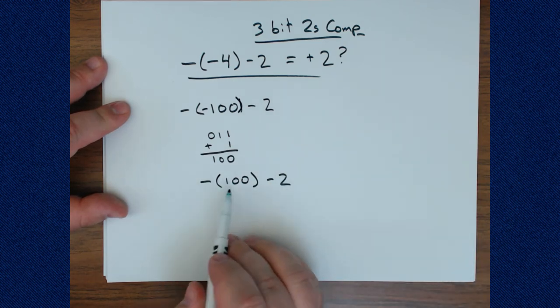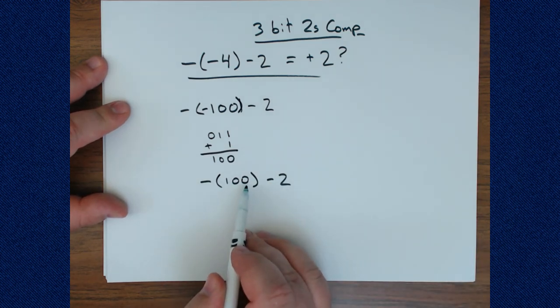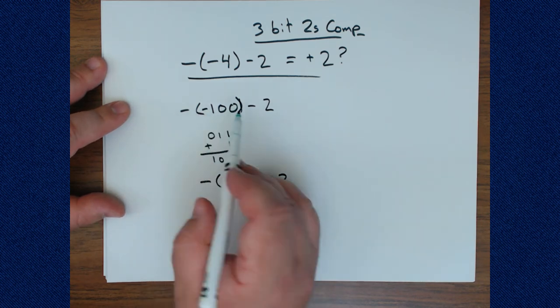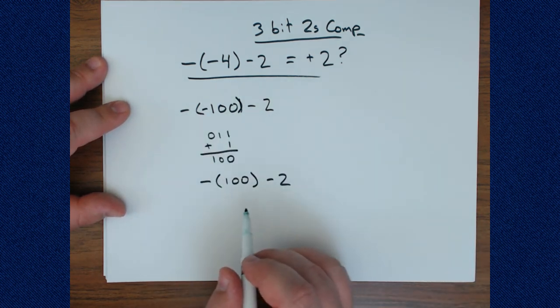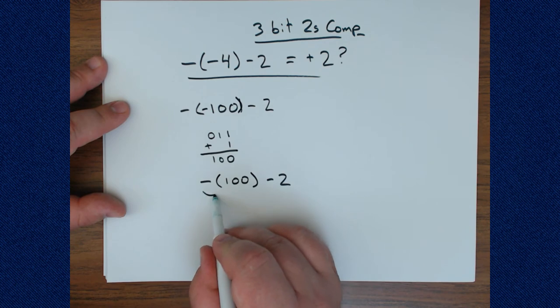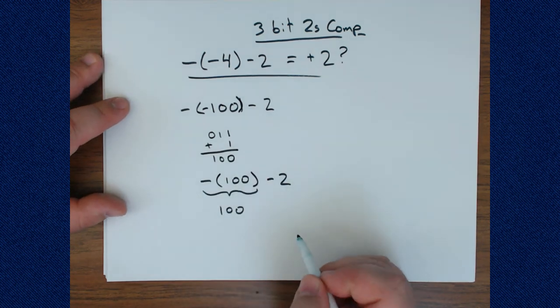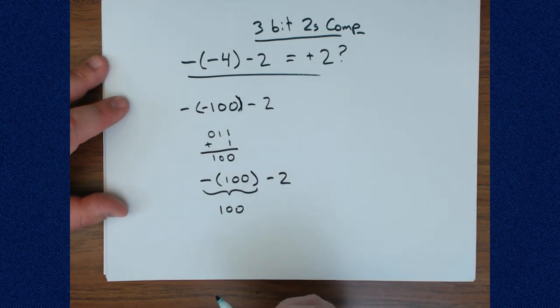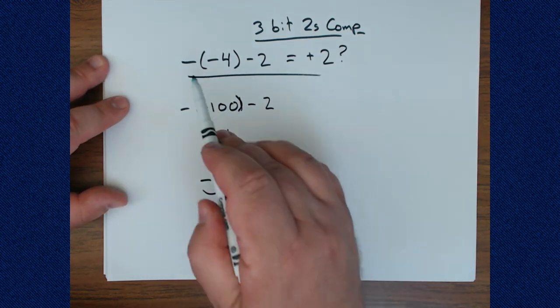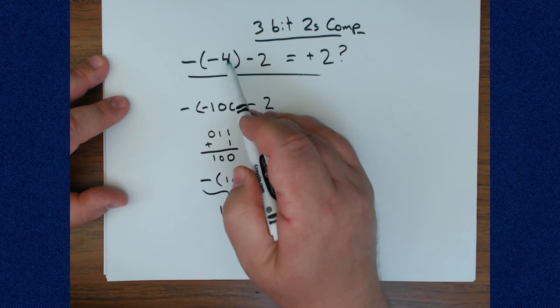So what's the negative of this bit pattern 1, 0, 0? Well, we just found the negative of the bit pattern 1, 0, 0, and it's 1, 0, 0. So that means this whole bit here gets to be replaced with 1, 0, 0. And that is our internal representation for the negative of negative 4.